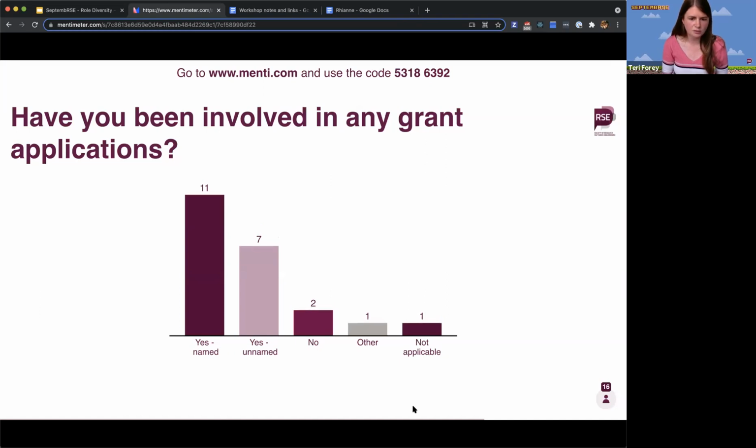Yeah, and when I say named, it could be someone who's named on it, who might be a part of the grant but isn't perhaps a co-applicant. But named as in that specific person will be doing this work.